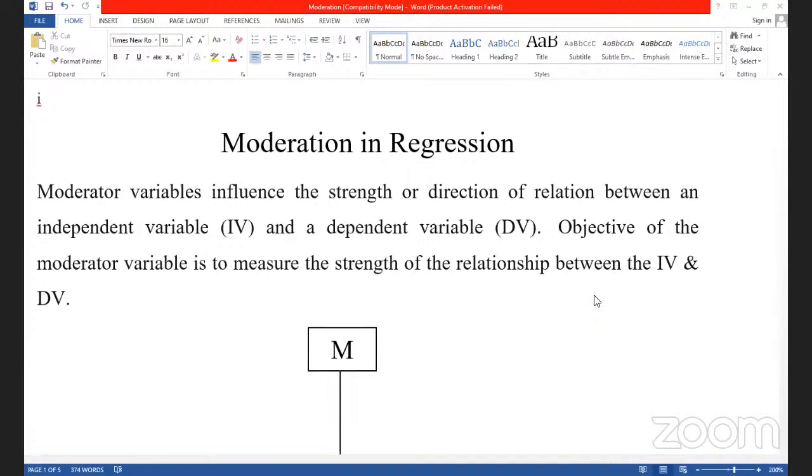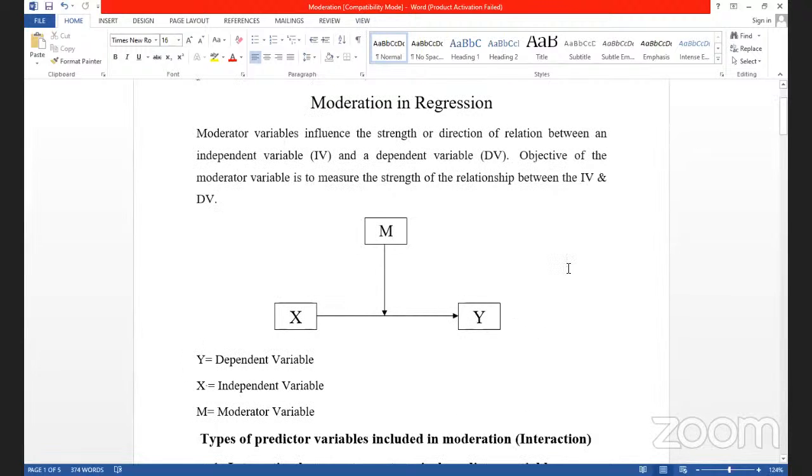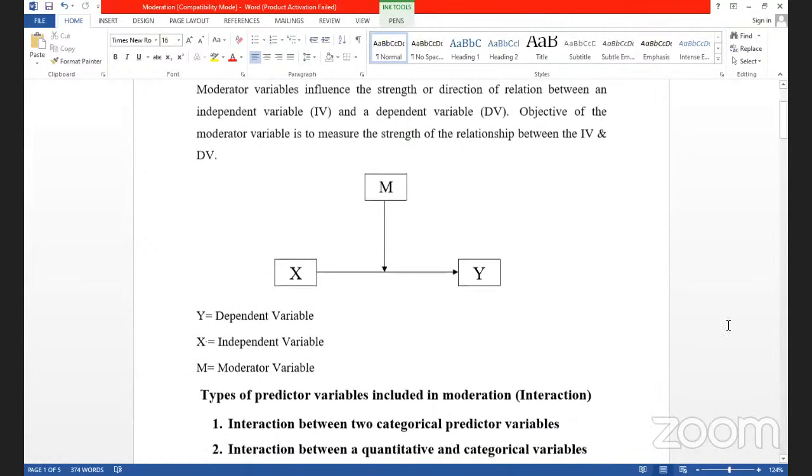Now what does it mean? You can see the graph, the picture of this. I'm just showing you the view. So what is moderation?